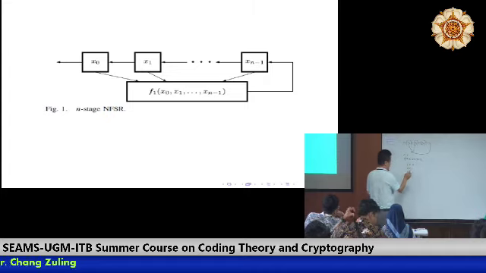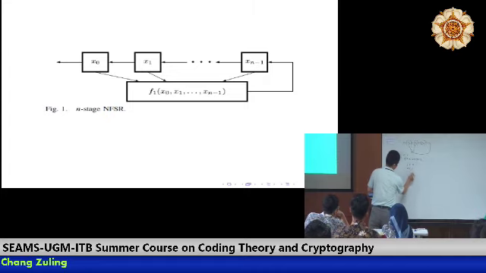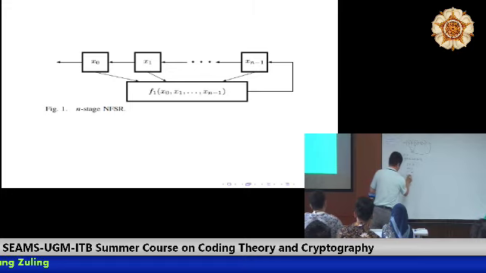Then again, next will be 0, 1, and this plus gives 0. Next time will be 1, 0 after the shift, and 0 plus 1 is 1. Next time will be 0, 1, 1, and 1 plus 0 is 1. Next will be 1, 1, and 0 plus 1 is 1.